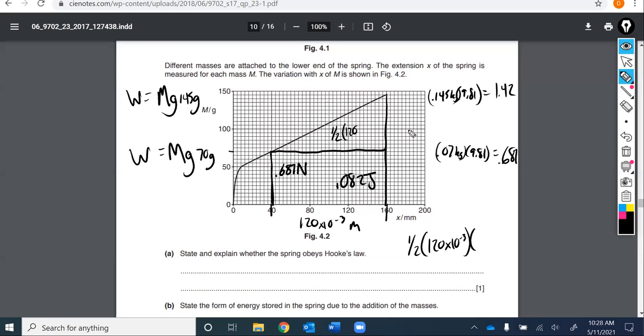So what is the height right here? It's going to be 1.42 minus 0.6867, or 0.733. So if I take that times 120 times 10 to the negative 3, and then times 1/2, I get the area of this part.